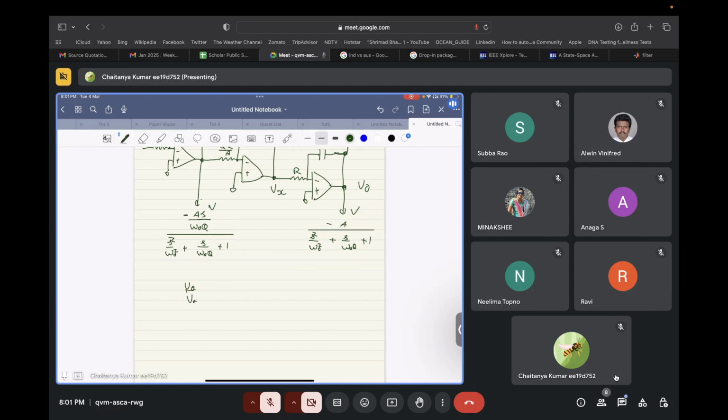V naught by Vx is equal to minus A by SRC, right? Now RC is equal to 1 by omega naught. So this is equal to minus of A omega naught by S, correct?